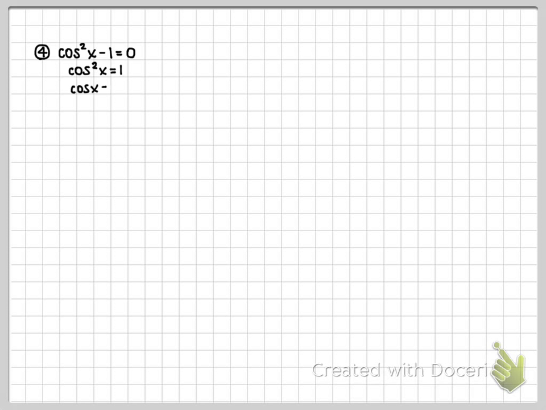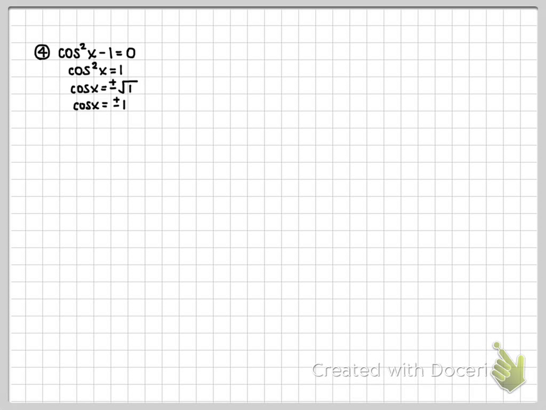But in order to get rid of the squared, I'm going to have to square root both sides. When I square root the left, the squareds disappear. However, when I square root the right, you cannot forget the plus or minus. You're technically getting two answers if you square root. So here I've got cosine of x is equal to plus or minus 1.